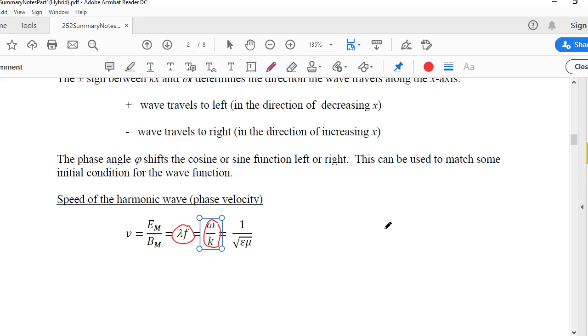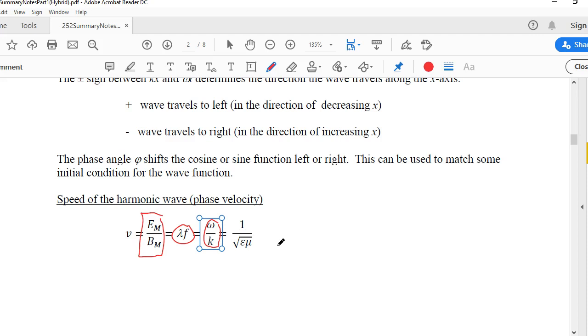Now, for the electromagnetic wave, we have an additional relationship. The ratio of the electric field to the magnetic field also gives you the speed. If you take the amplitude of E over the amplitude of B, you'll get the speed.